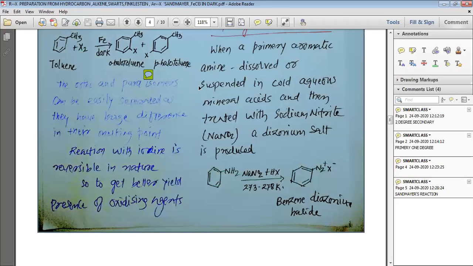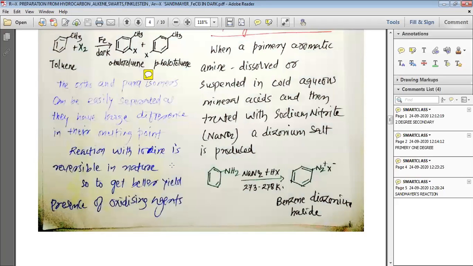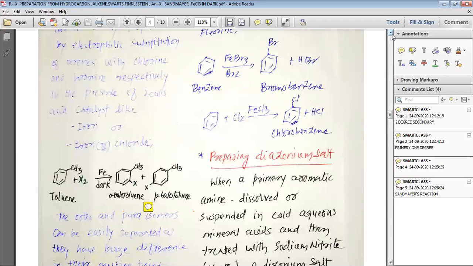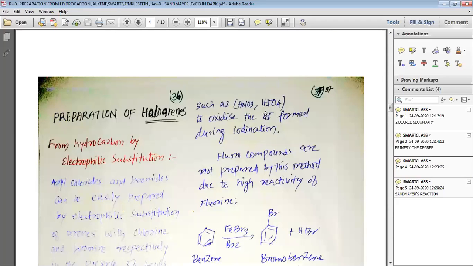The reaction with iodine is reversible in nature, and that is why some oxidizing agents are needed if we want to prepare the aryl iodide. This aryl iodide can be prepared in the presence of nitric acid HNO3 or periodic acid HIO4.